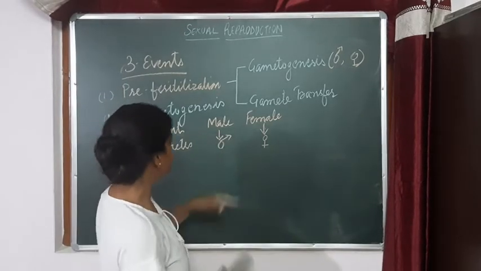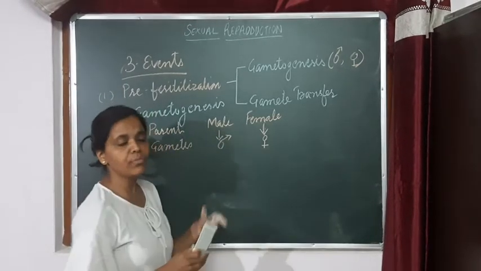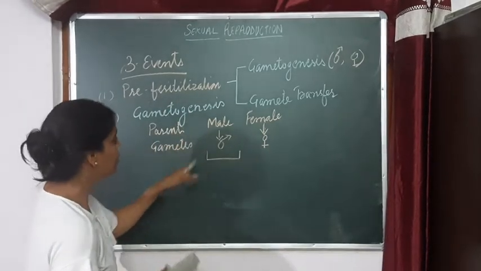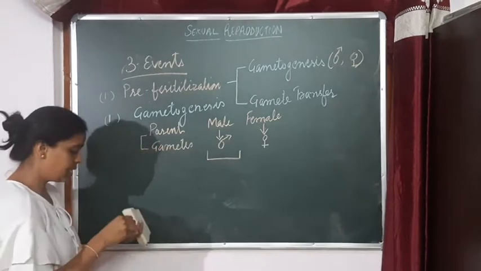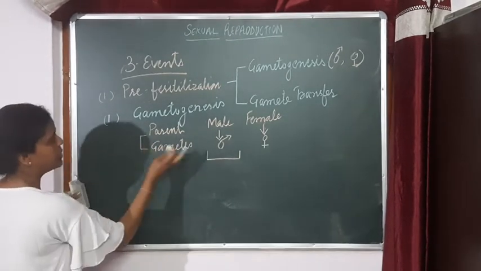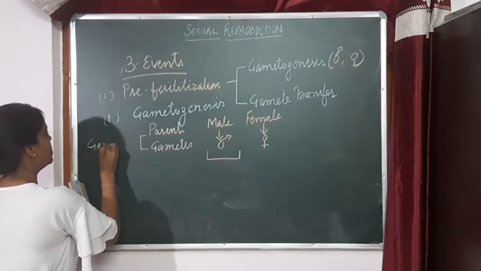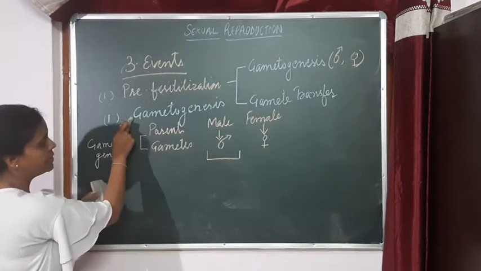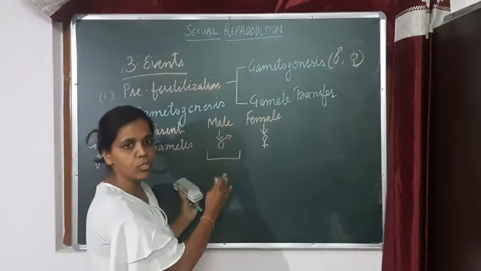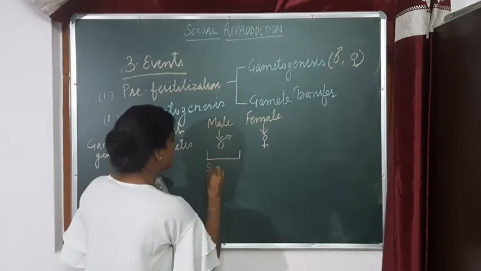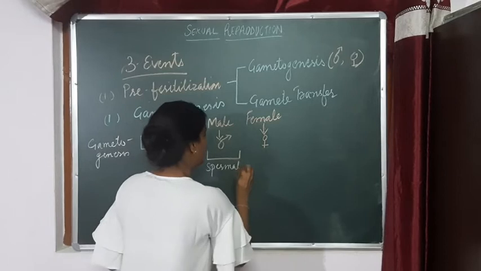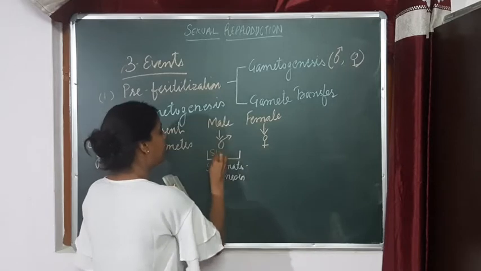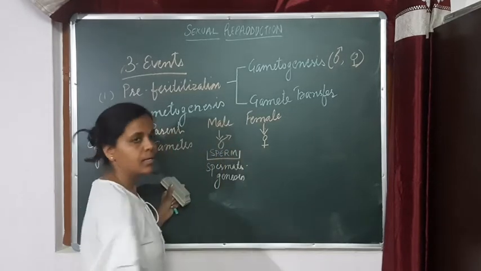The process of formation of the gametes as a whole is known as gametogenesis, as I have written over here. But when we are talking about the formation of a male gamete, this is known as spermatogenesis, as the male gamete, the sperm, is formed, right?